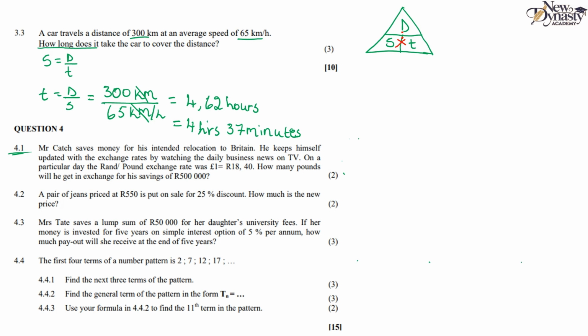Here we are told that the investment uses simple interest as an option. So by now you should be knowing the formula that we use for simple interest. That is question 4.3.